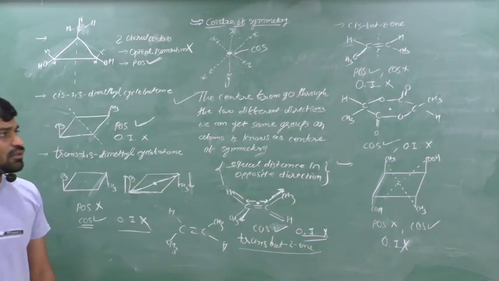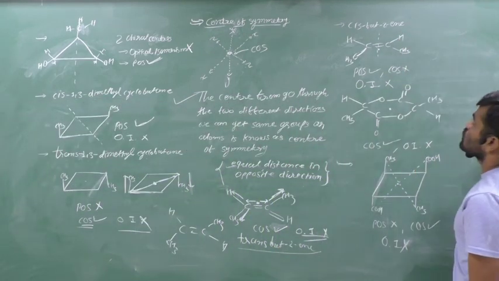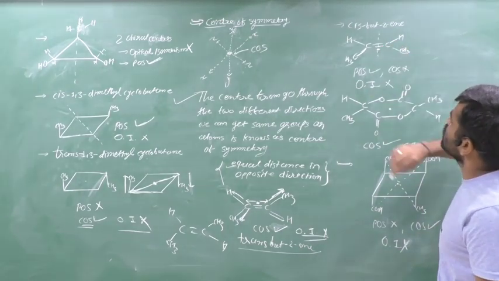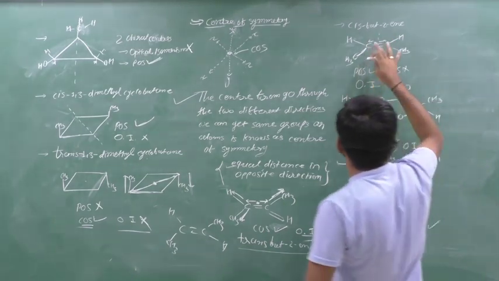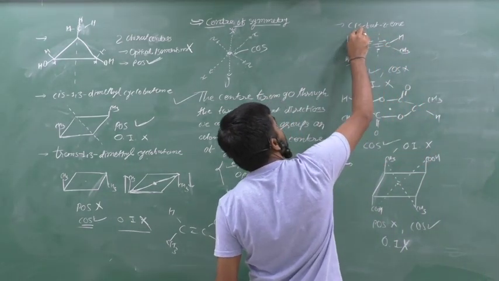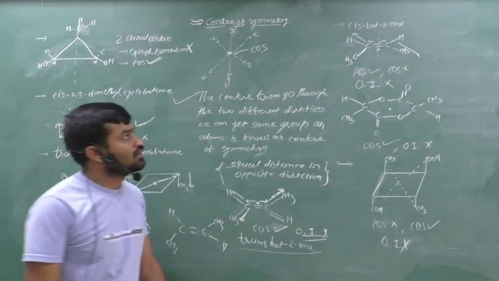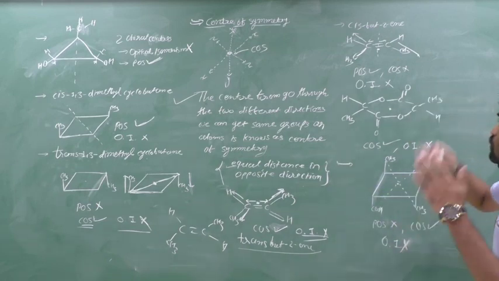Any doubt? Next, think about cis-butene. It is trans, this is cis, and it cannot have a center of symmetry. If you go through this direction, both are carbon. But if you go through this direction, it is hydrogen, and in the opposite direction it is CH3. If both were the same, you could say the center of symmetry is present, but here both are different parts.